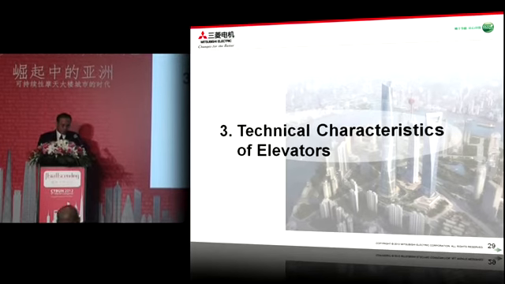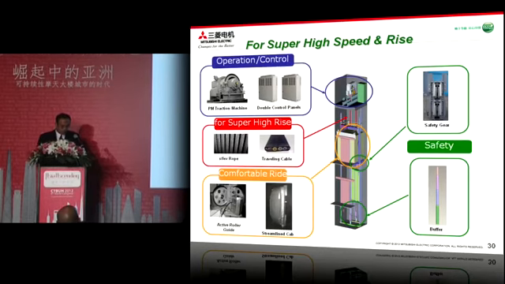In order to provide a super high speed elevator with a super high rise, we have to develop operation and control such as the traction machine and the control panel. Secondly is a countermeasure against the super high rise, such as the hoist rope and the traveling cable.